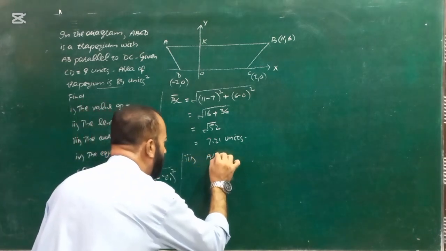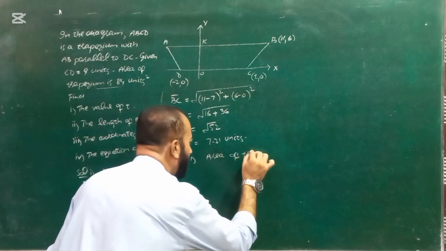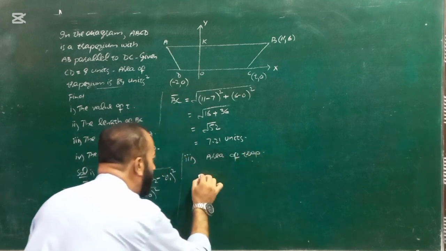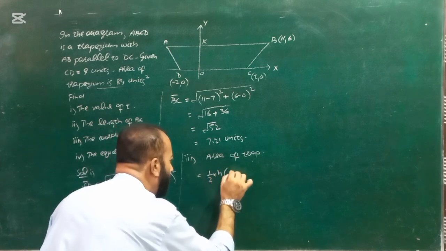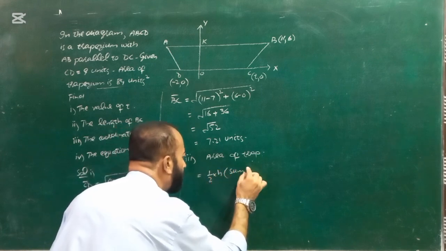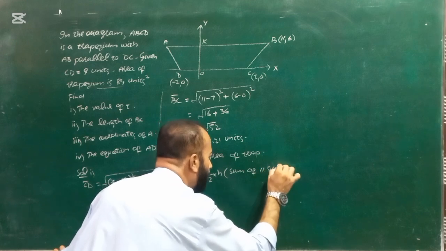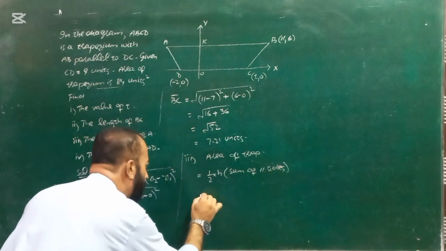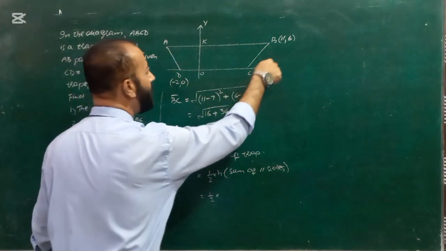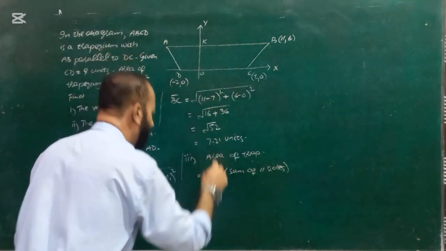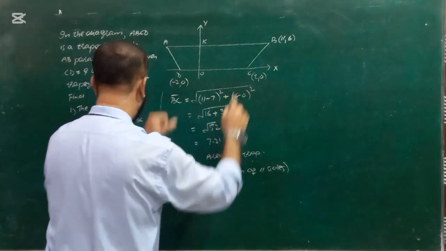area of trapezium, the formula is 1 by 2 into perpendicular height into sum of parallel sides. So 1 by 2, height is 6 because from here to here the height is 6, and parallel sides are CD.